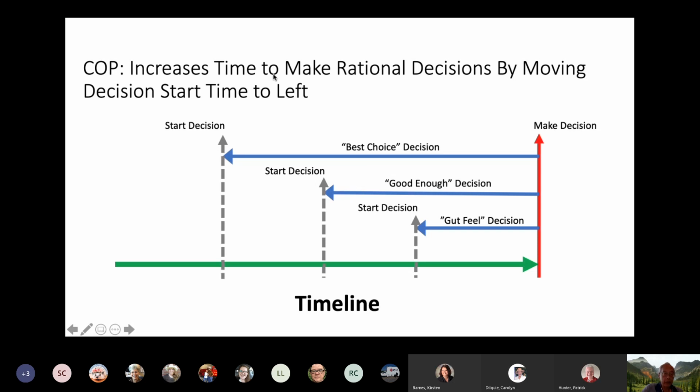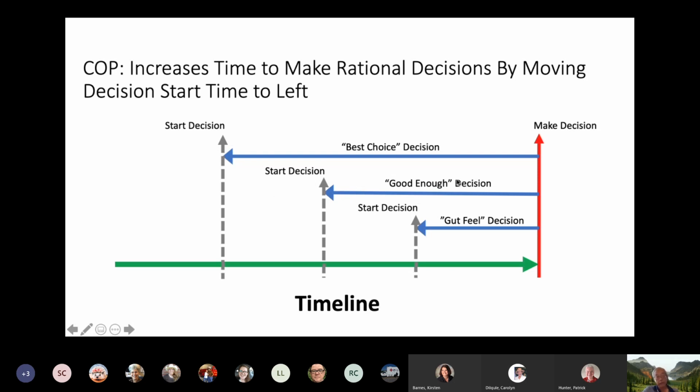If you have a really good common operating picture with good quality information, presented to the decision makers at the right time, it allows them to make best choice decisions. So the idea of a common operating picture is to increase the time to make rational decisions. This is this top line here, the best choice, by moving the decision start time to the left.